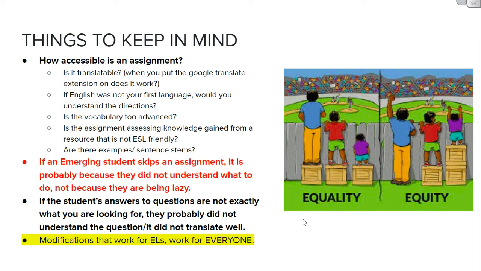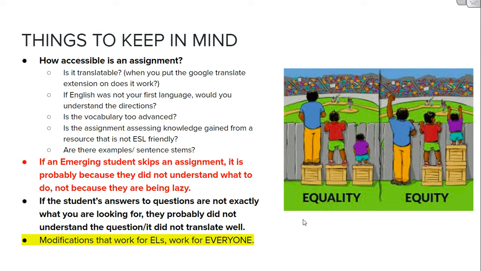You can ask yourself these reflective questions about how accessible an assignment is for a student. Is it translatable? Is that web page actually able to be translated into their primary language? If not, then that's not an accessible assignment for that student.